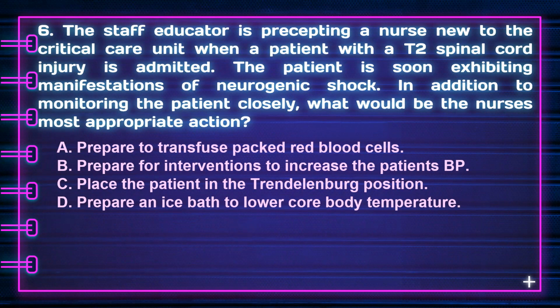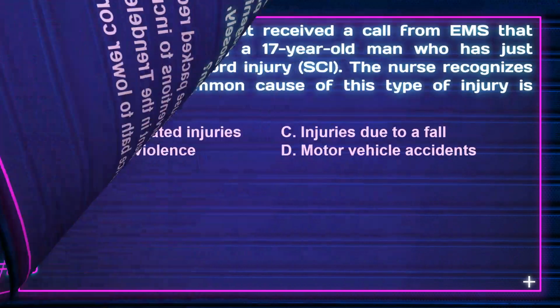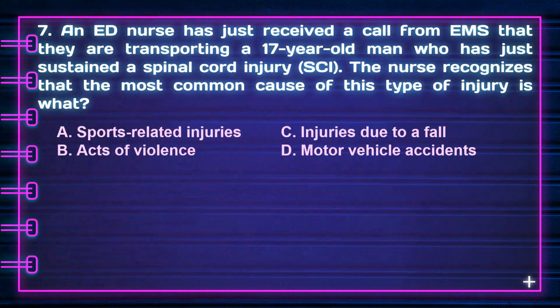So the interventions that are focused on transfusion, repositioning, and ice baths are not indicated interventions. The best answer is letter B, which is basically preparing interventions to increase the BP of the patient. 6, it's Bravo.